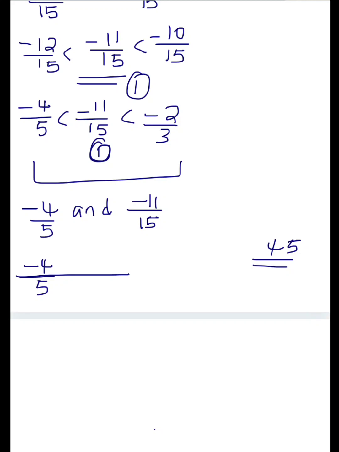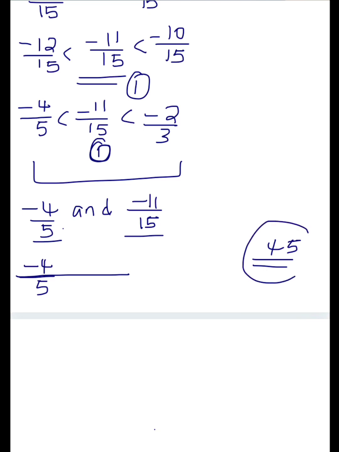While making the denominators the same, you should always note that it should be a common multiple for both 5 and 15. Here it's 5 and here it's 15. So the common denominator which you are choosing should be a common multiple for both 5 and 15.